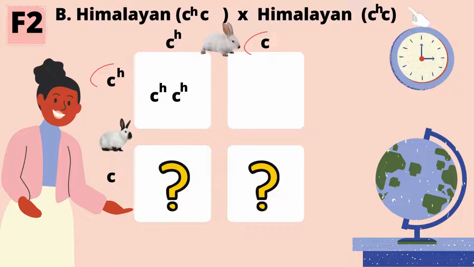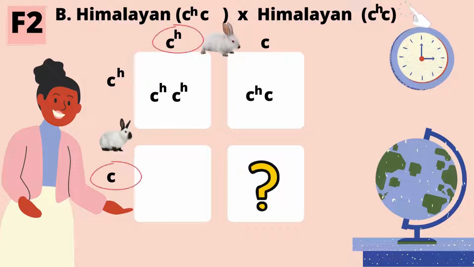Solve for the second square. Timer starts now. The answer is lowercase c with superscript h and small letter c.